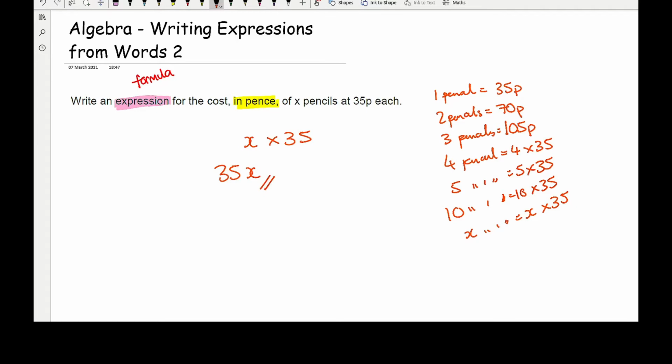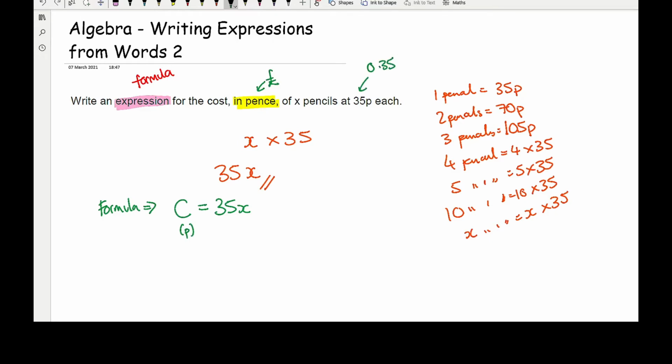Now, if the question asked me to work out a formula, where I've got to have one letter as the subject and I've got more than one letter, that would be C, which represents the cost, equals 35x, and the cost would be in pence. Now, if the question asked me to work in pounds rather than pence, then all I would do is swap the 35 pence to 0.35.